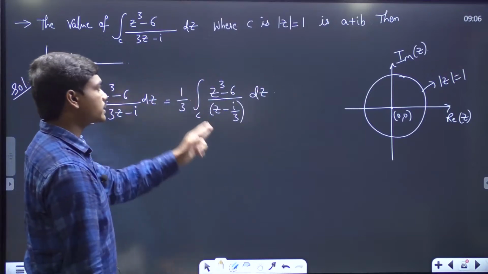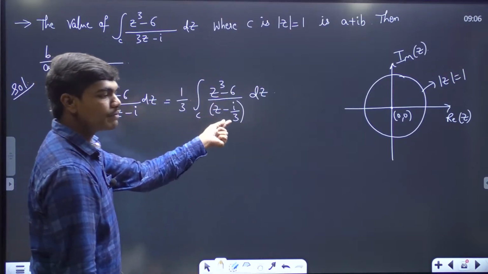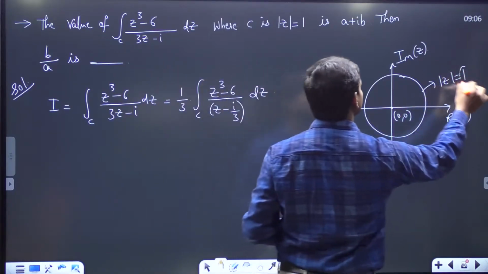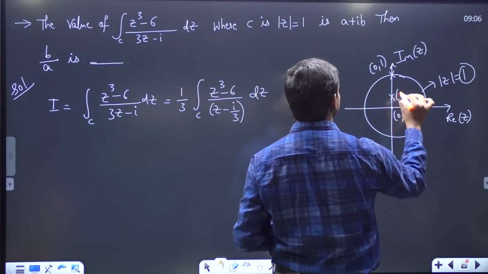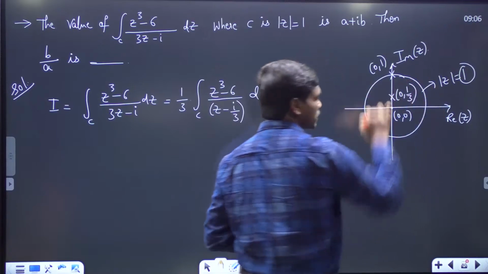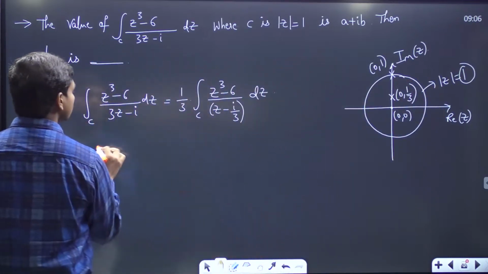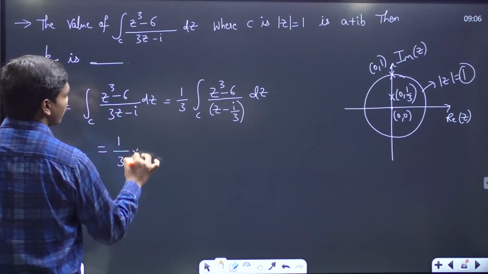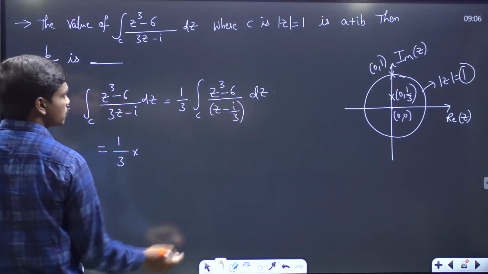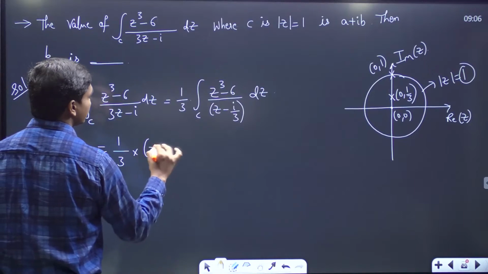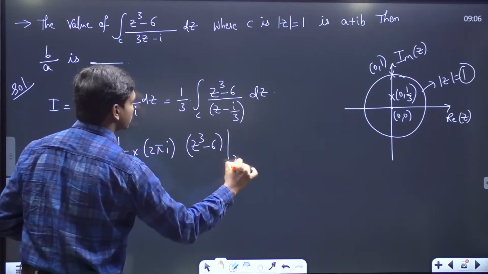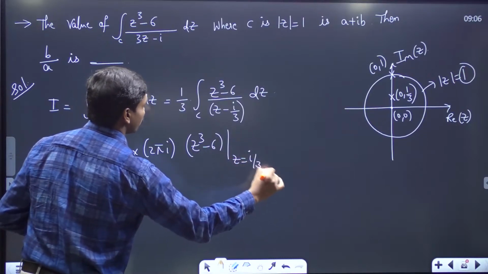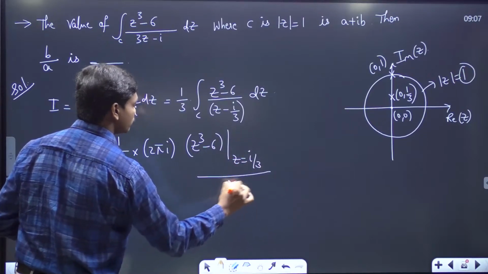So this function is not analytic at the point z equal to i by 3, and since the radius is 1, this point is 0, 1 by 3, which will definitely lie within the path. Correct? So we have 1 by 3 into, since we have only power 1 here, n value is 0. So 2 pi i into z cube minus 6 at z equal to i by 3, divided by 0 factorial, which is 1.